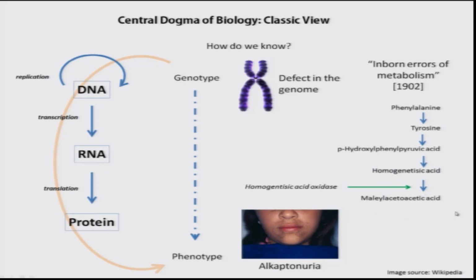So what happens in this condition, Alkaptonuria, is that this particular enzyme, or the gene that codes for it, is defective. It cannot do the function that is expected. As a result, you have a very high concentration of this particular metabolite, homogentisic acid, which results in this abnormal pigmentation and associated phenotype that you see in this condition.